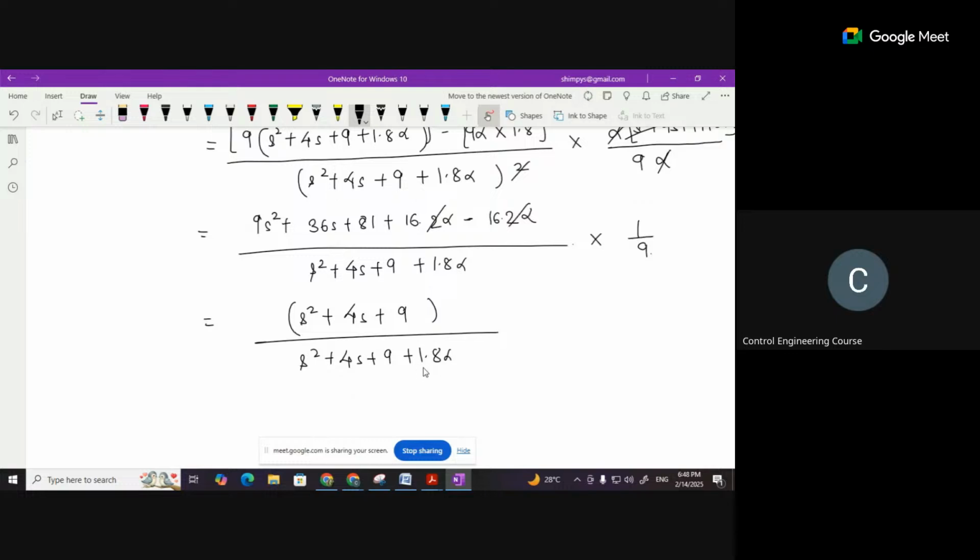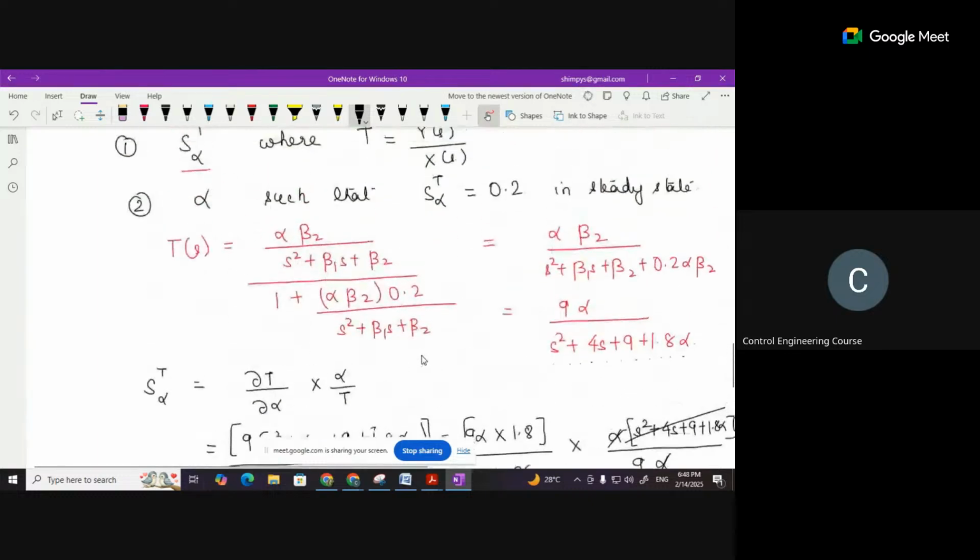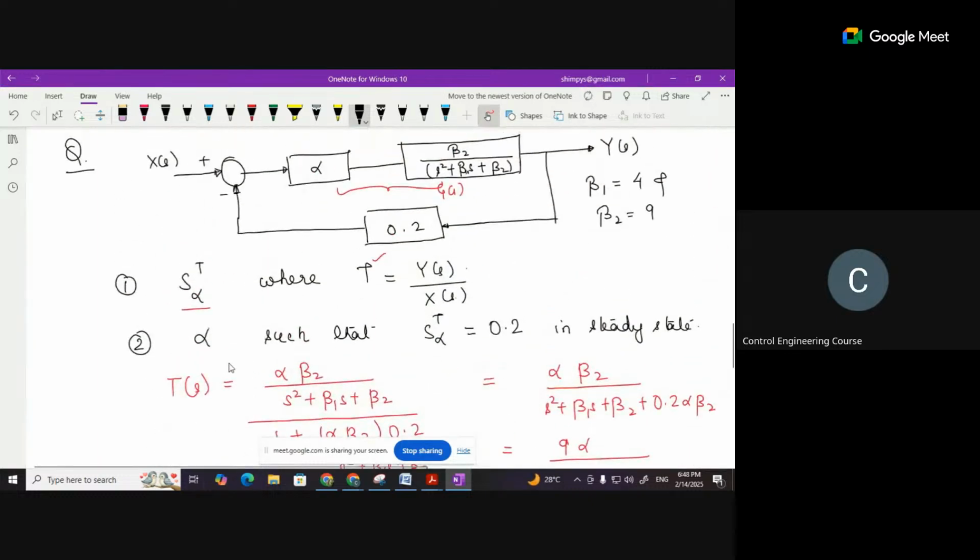Now, the second part is we have to find out alpha such that the sensitivity with respect to alpha is equal to 0.2, right? And this is very important in steady state condition.